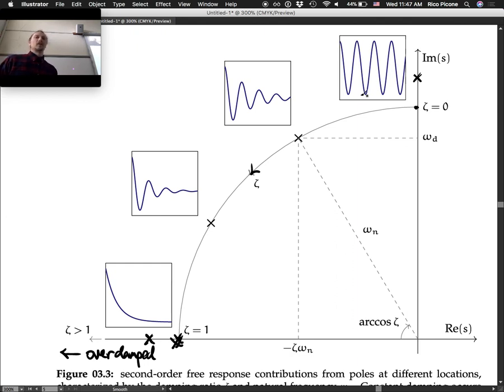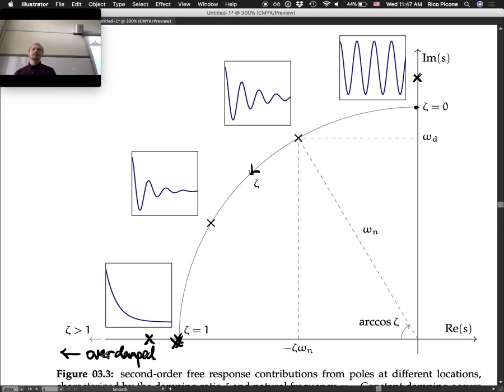So no damping. As you go along this arc, zeta is increasing until it gets to 1, at which point it's completely damped. So think about it starting here: oscillation, less oscillation, less oscillation, no oscillation.